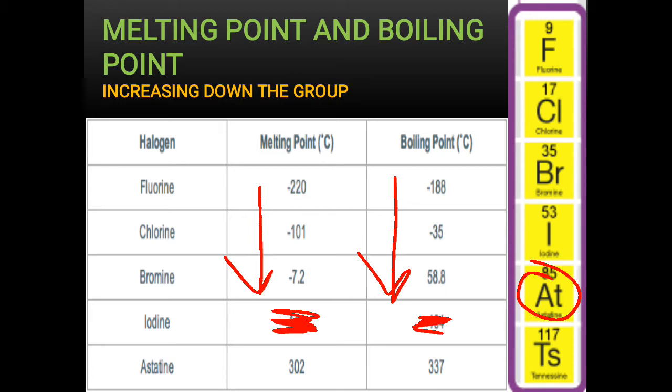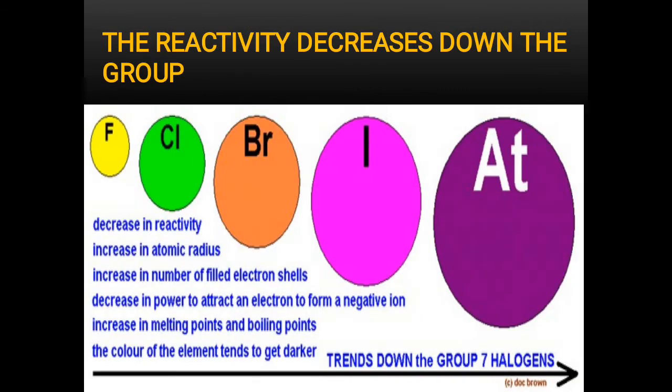So we should expect the halogen below iodine to have a melting point or boiling point greater than that of iodine, -7.2 and 58.5. So this trend will be helpful in deducing not only the physical properties, the colors, but also the melting and boiling points. Hope I explained the main reason.